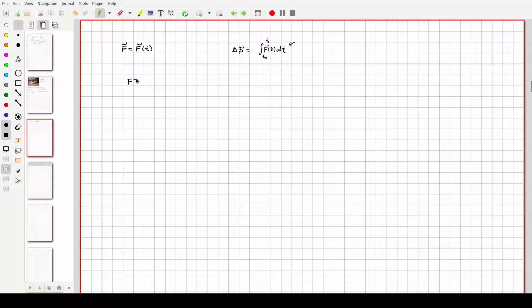It says that if you want the average of a function, you integrate it from a to b, and then to average it, you divide by b minus a. If you follow this approach, what this does is give you the average force, which would be constant.